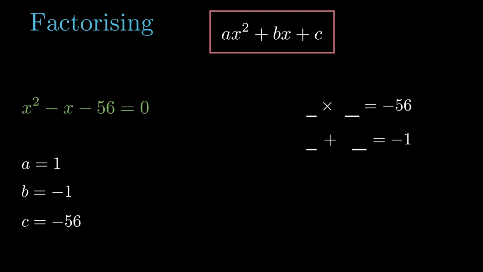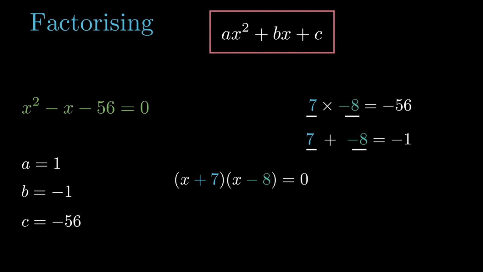And the answer that you guys should get is 7 and minus 8, because 7 times minus 8 is equal to minus 56, and 7 plus minus 8 is equal to minus 1. So when we plug this into the brackets, we get x plus 7 and x minus 8, and this is equal to 0.